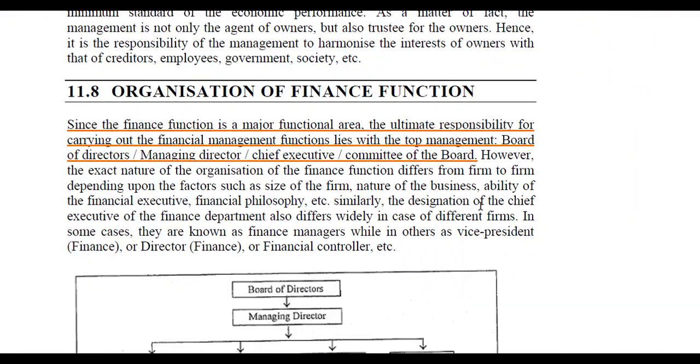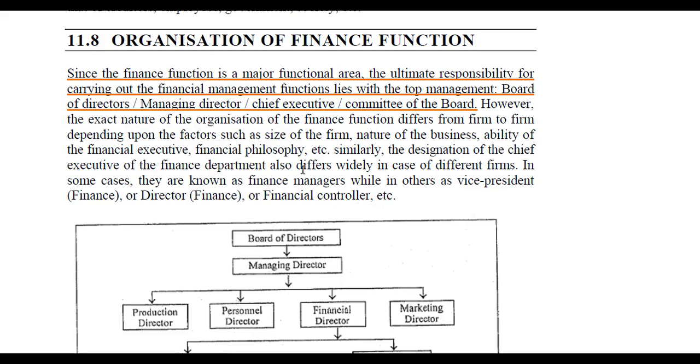Next, organization of finance function. The finance function is a major functional area. The ultimate responsibility for carrying out the financial management lies with the top management, which includes the chairman or chief executive, managing director, board of directors, and other committees of the board.